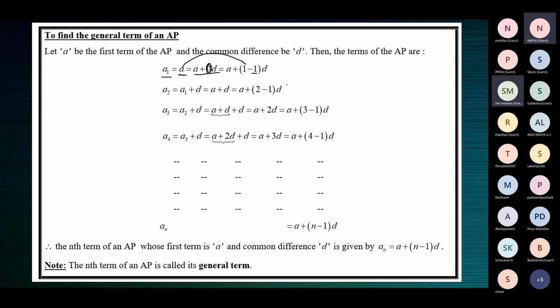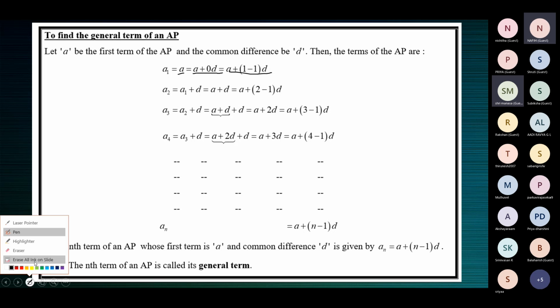So the first term is A plus 1 minus 1 into D. All are the same. Everything amounts to A only. A is A plus 0D is A plus 1 minus 1 into D is also A. 1 minus 1 is 0, 0D is 0, A plus 0 is A. We're just writing that A in different ways.